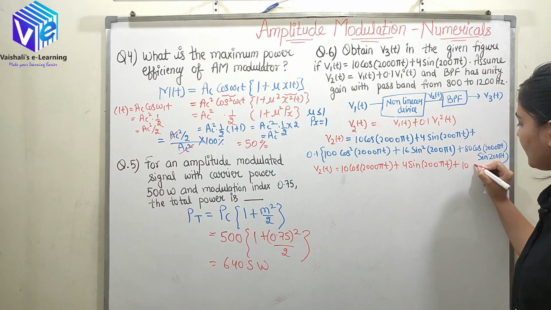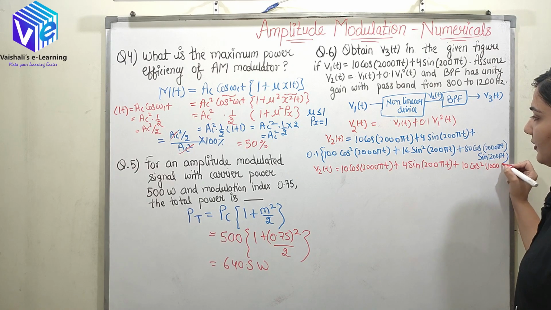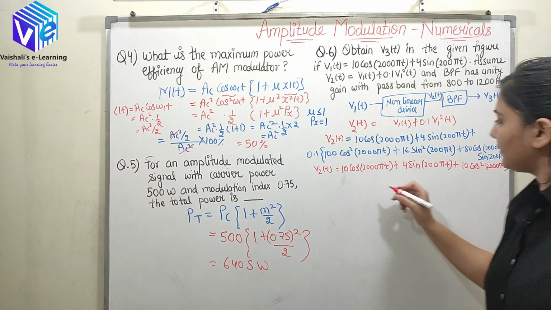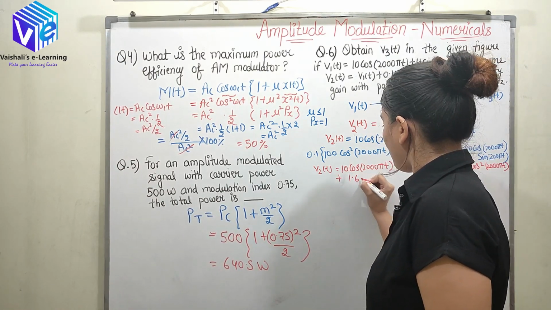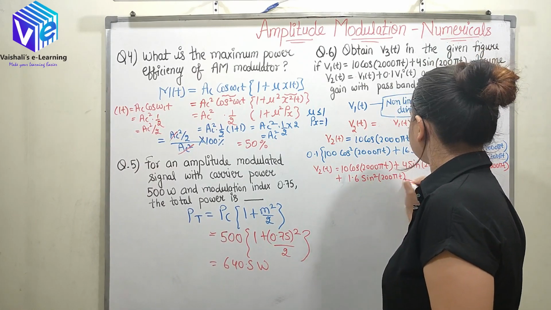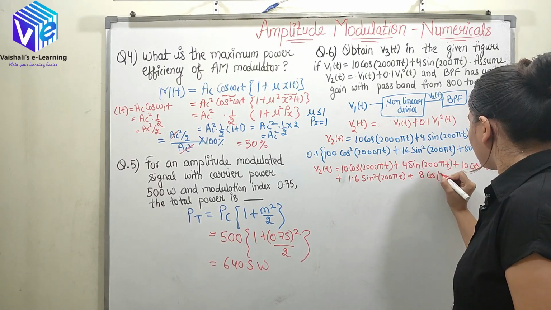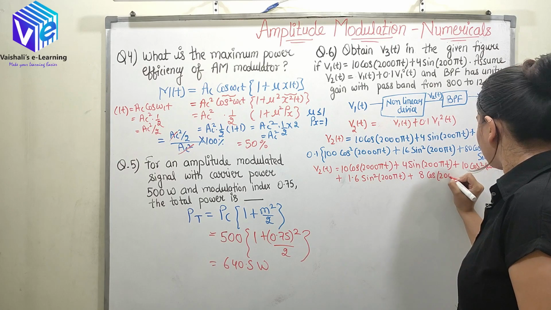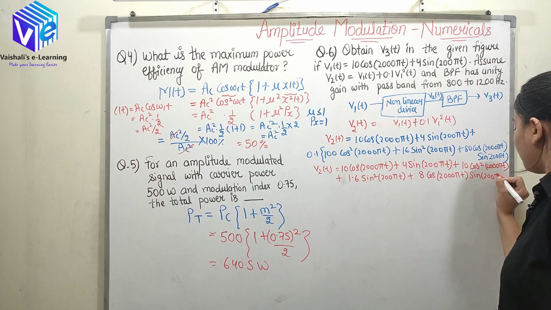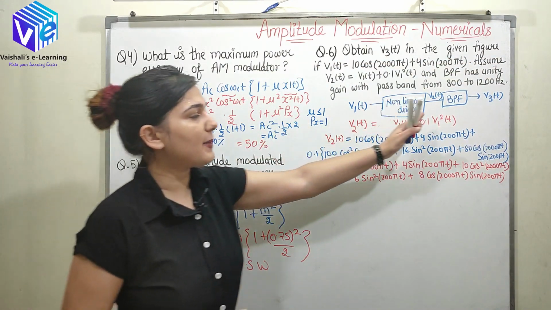So here I have 10 cos square (2000 pi t) plus 1.6 sin square 200 pi t plus 8 cos 2000 pi t sin 200 pi t. So now I need to pass this through the band pass filter.